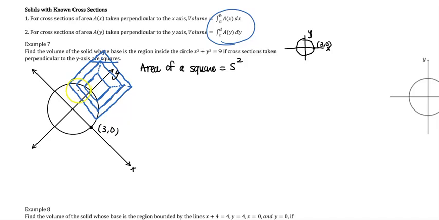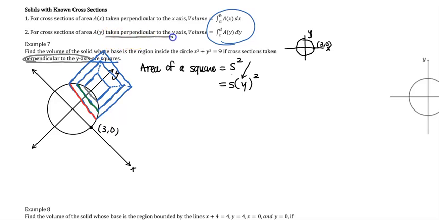But if you notice, the sides of these squares, if I draw them in the plane with the circle, all have different lengths. So I can't simply represent it as s. They're all going to be different. So we need a generic representation of one of these sides. I'm going to write it as s of y. The reason I'm writing it with respect to y is because we are taking our cross sections perpendicular to the y-axis.